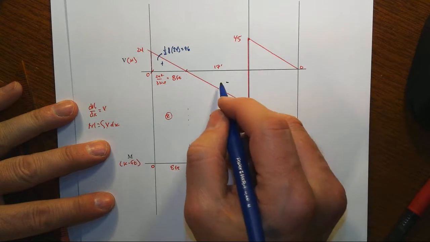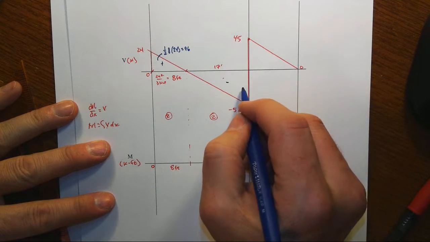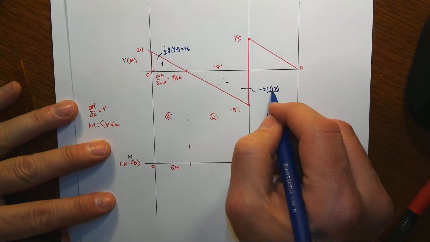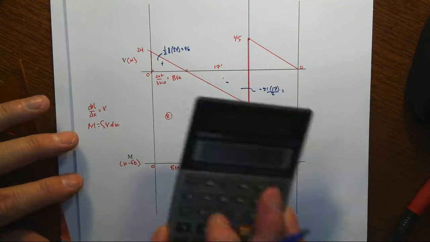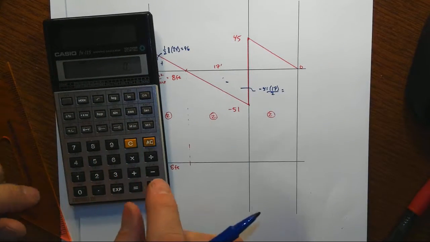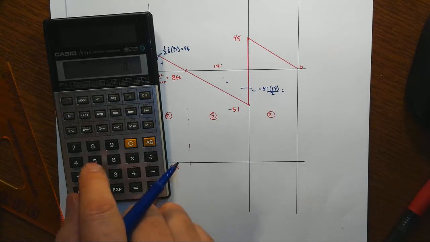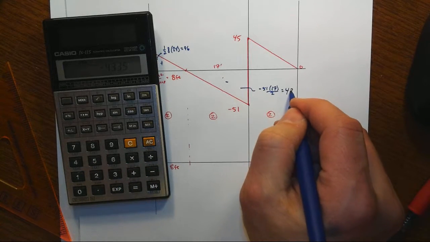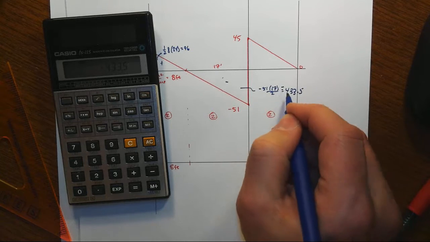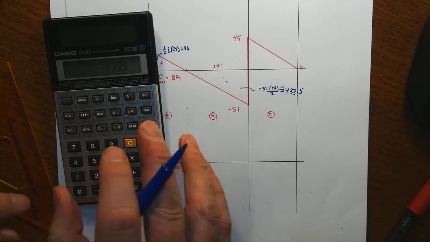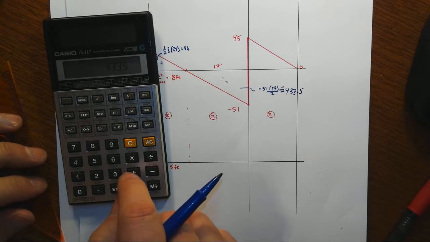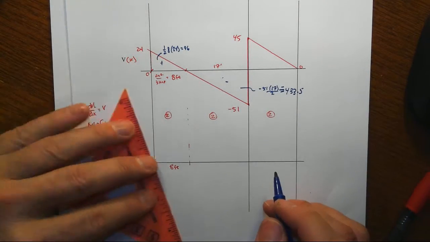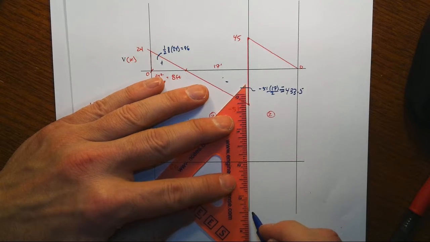We have a negative area here, so the delta M for there is going to be minus 51 times 17 divided by 2, which is 433.5. Again, that's a negative value. So that'll get added to the 96 because that's the incremental change. We'll have a change down to negative 337.5.